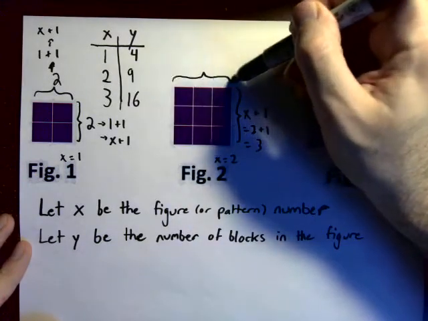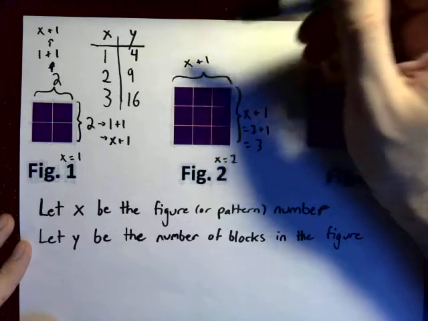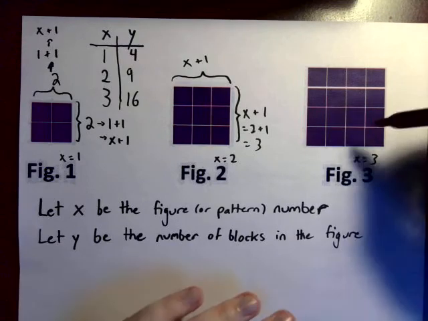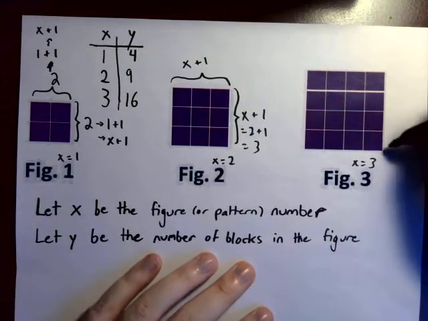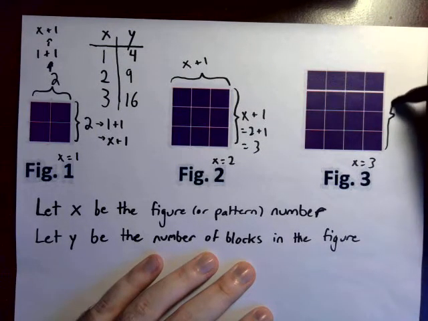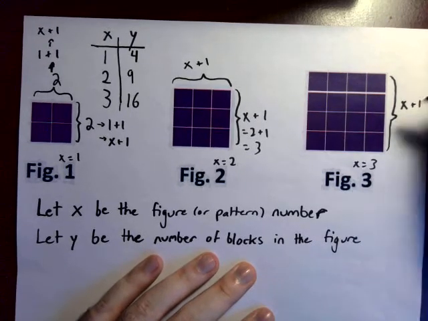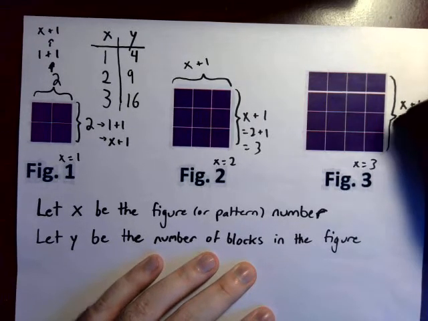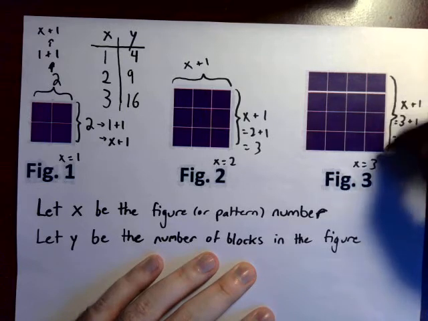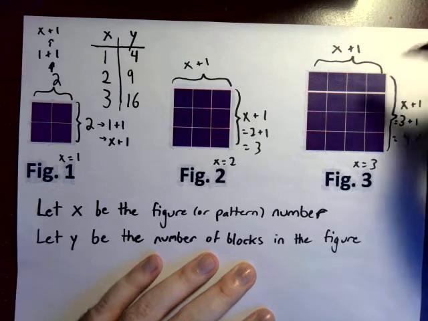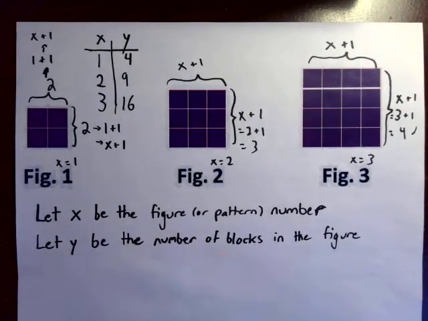Then here, if x is 3, let's check if x plus 1 will work. 3 plus 1 equals 4, and there are 4. So good. It looks like we found an expression that can represent the length and the width of these squares.